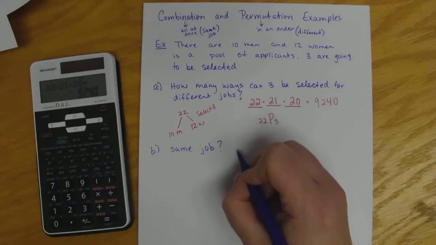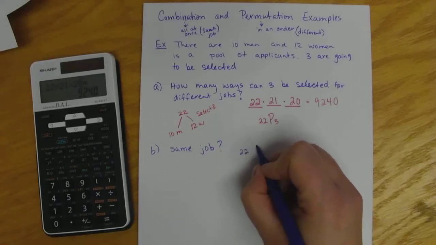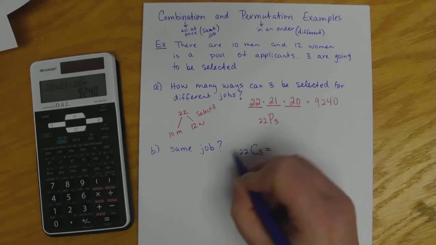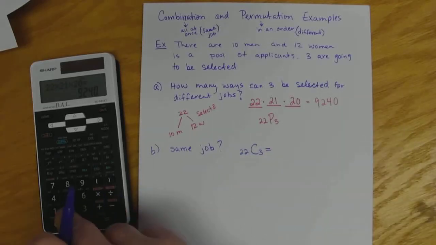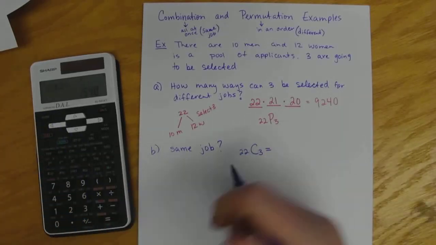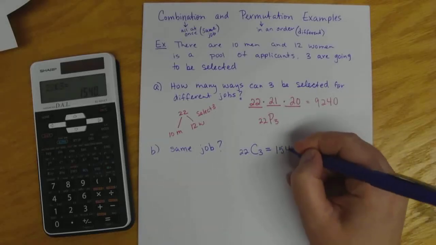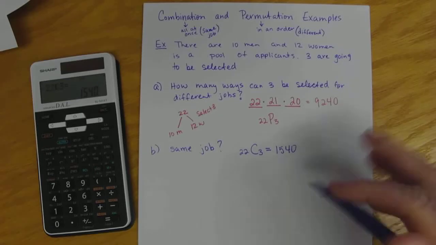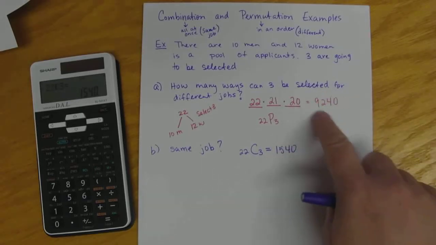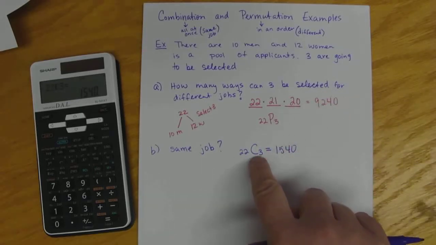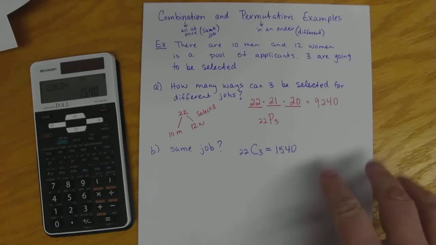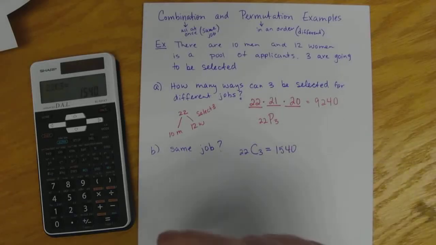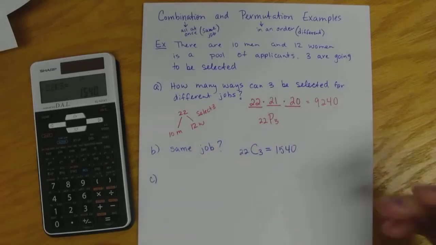So this is a combination: out of the 22 people, choose 3, and that will cut this down. 22C3 is 1540. And since there's 3 items, just like in our last example, this times 6 should give you that, because arranging 3 is 3 times 2 times 1, 6 ways.